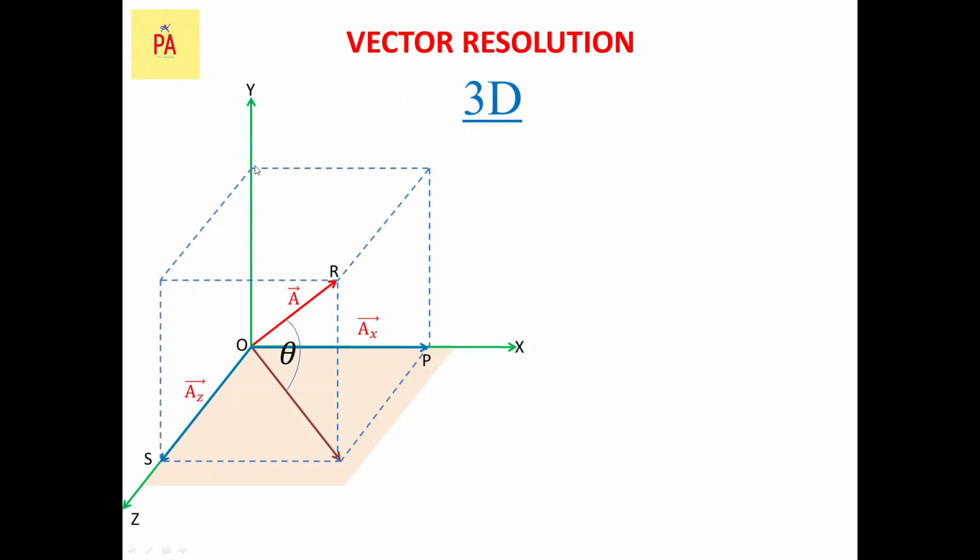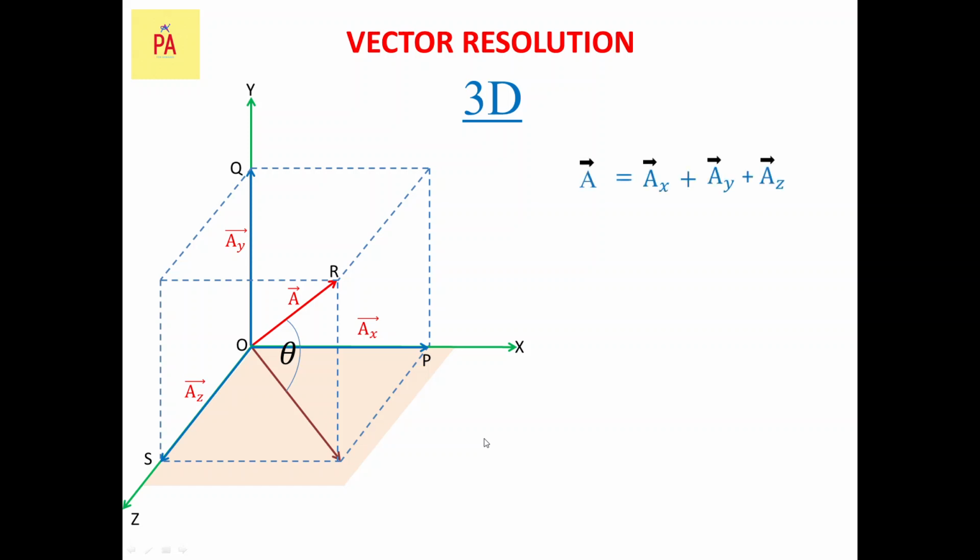Now if you find the intersection point from here to here and here to here, we can draw another vector over this, and this will represent the vertical component of this vector A. The intersection point I have considered as Q, and the vector is again AY along the y-axis. Hope you understood this one. You can rewind and see this video again and again. This part especially will be helpful for you to visualize the fact.